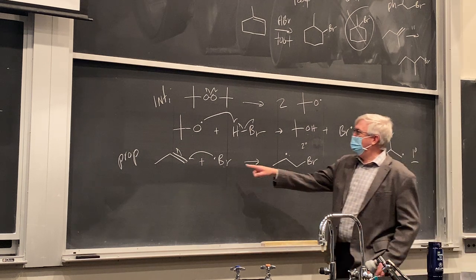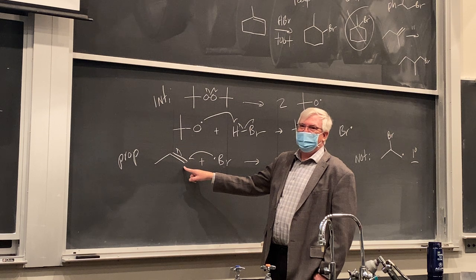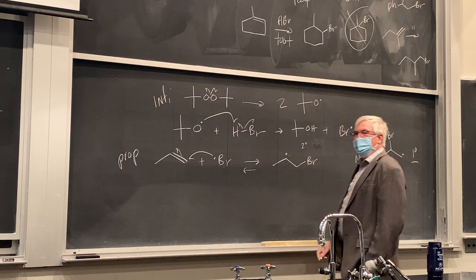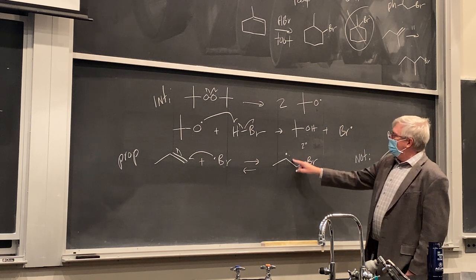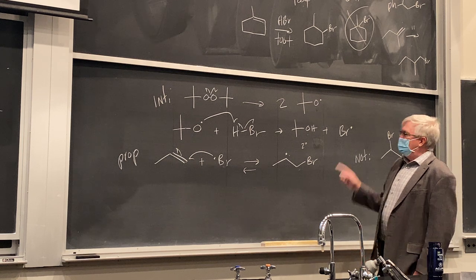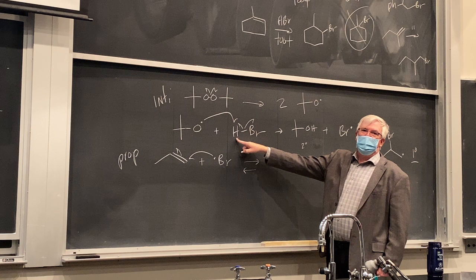Actually, the bromine radical was adding when we talked about the allylic bromination position, but this is actually reversible, okay? This can go on and it can come back off. This is not a very stable bond, this carbon-bromine bond. But the difference now is we're in the presence of a good hydrogen atom donor, HBr.